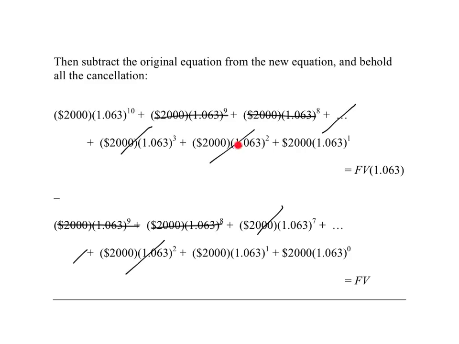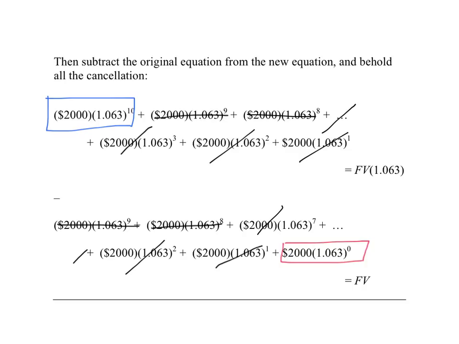We've got these two terms that are identical with 1.063 squared. I've got cancellation here, between these two terms with 1.063 to the 1, and almost everything cancels, except there is this first term in the new equation that survives the cancellation. There is also this last term in the original equation, which survives the cancellation.